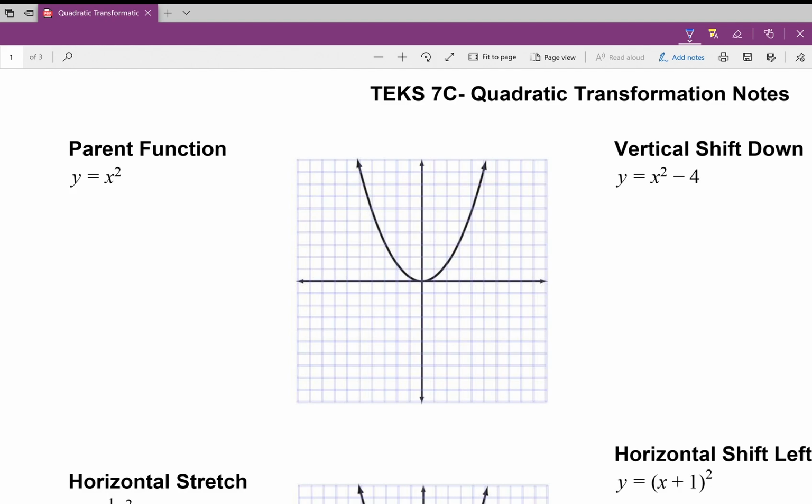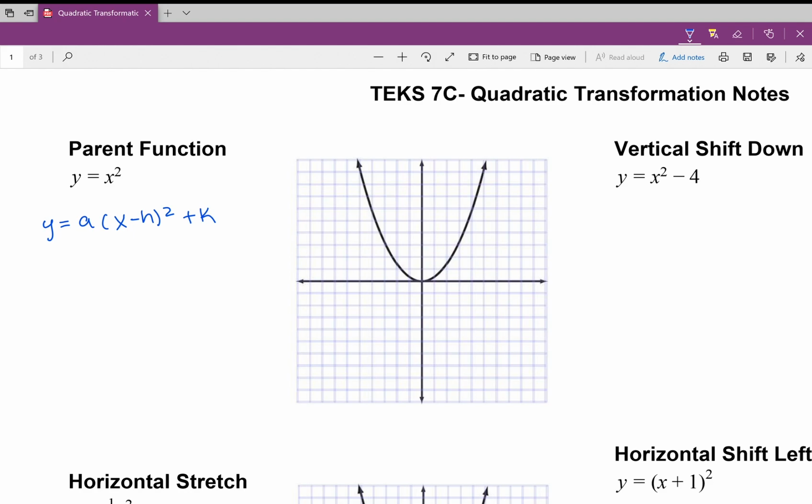For example, remember our formula for vertex form is y equals a(x minus h) squared plus k. Notice that our parent function doesn't have an a value, an h value, or a k value. It's completely neutral, meaning h and k are 0 and a is just 1.